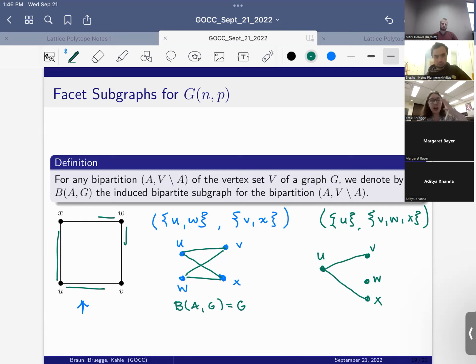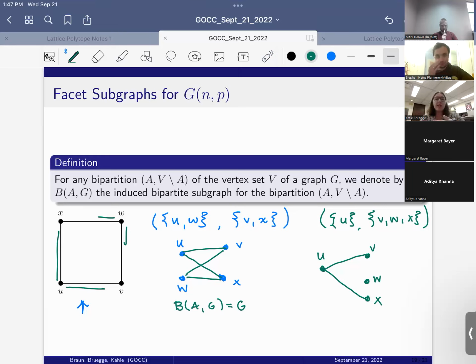But W does not have any neighbors on the other shore, so it becomes an isolated vertex. So this is just another way to look for candidates for facet subgraphs. These induced bipartite subgraphs of G are exactly the graphs that could be facet subgraphs if they are connected.